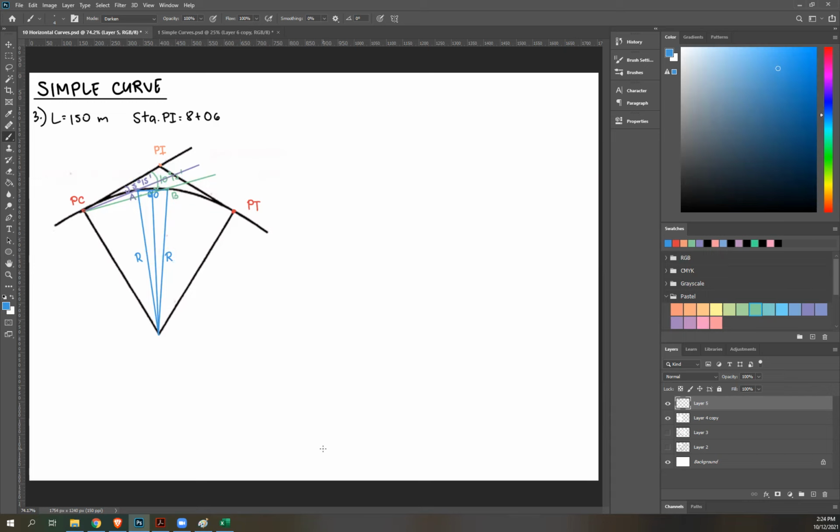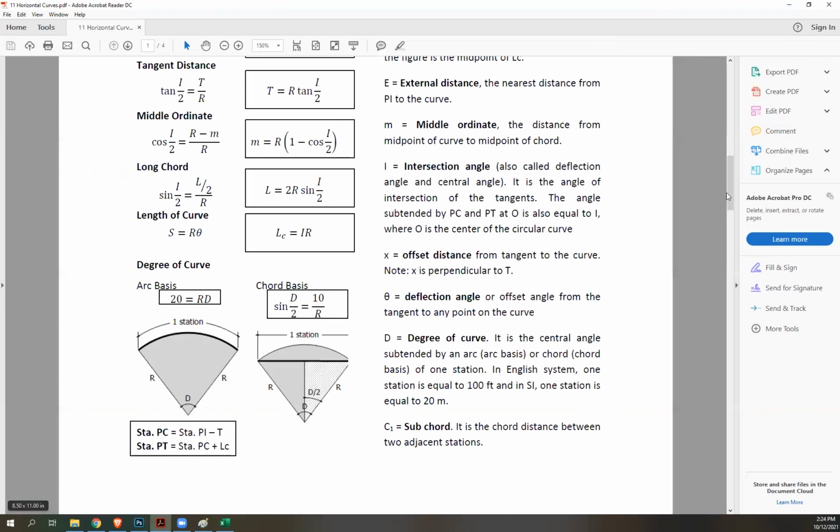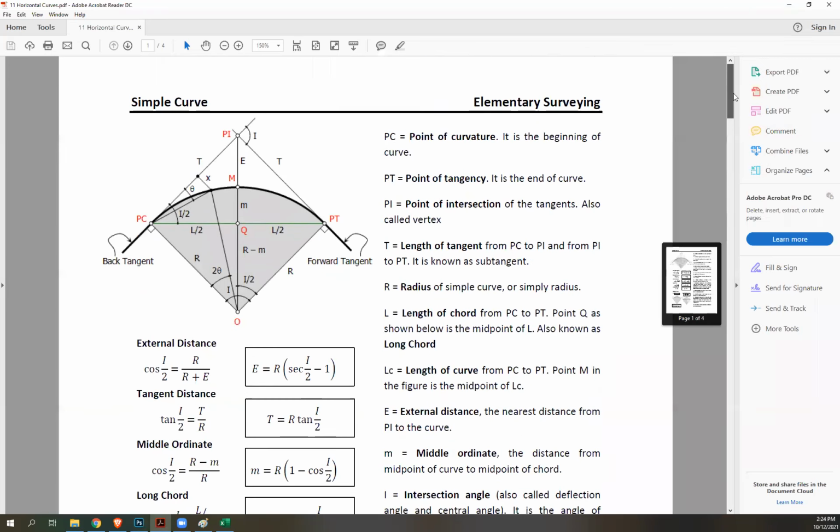To solve for that angle, we look at what's given. First of all, this is 5 degrees, 15 minutes. Therefore, this is 10 degrees, 30 minutes. How do I know? Let's look at the parts of our simple curve.